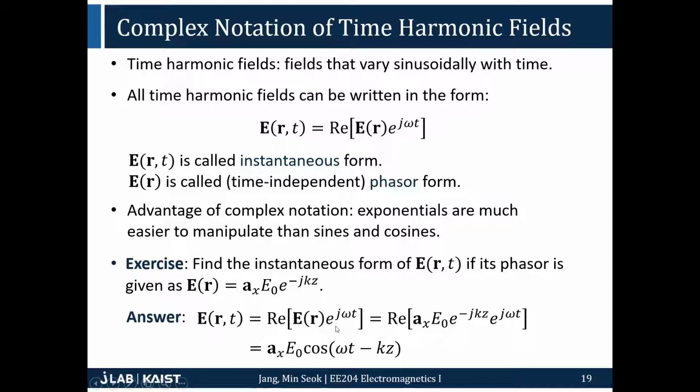And then you take the real part of it. E naught, I assume, is a real number, so you can just take it outside. And then e to the minus jkz multiplied by e to the j omega t is just e to the j (omega t minus kz), right? So if you take the real part of it, it's just a cosine function of omega t minus kz.